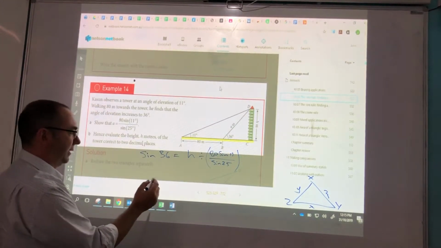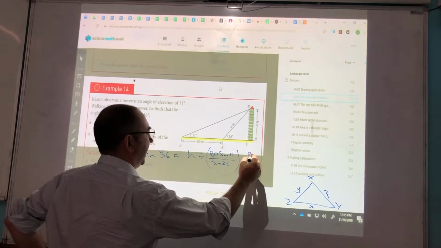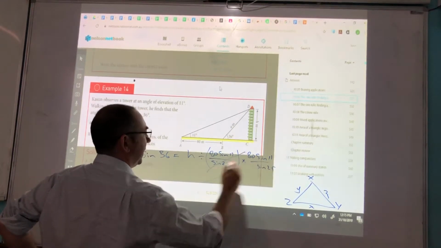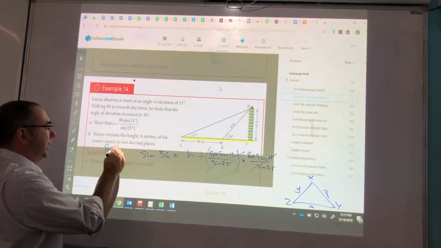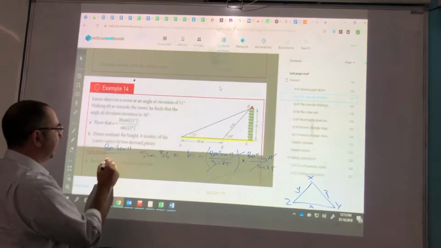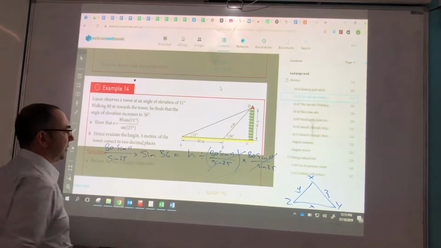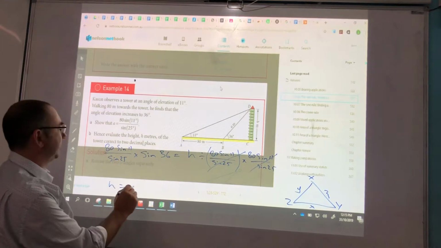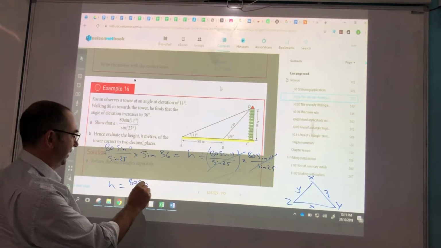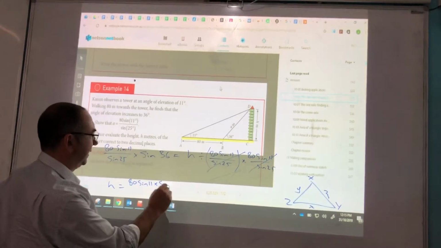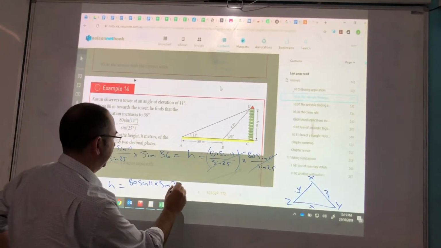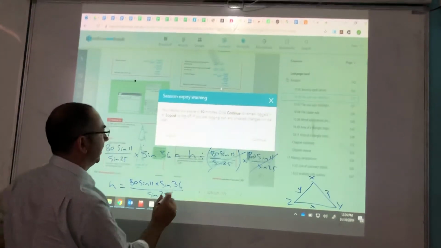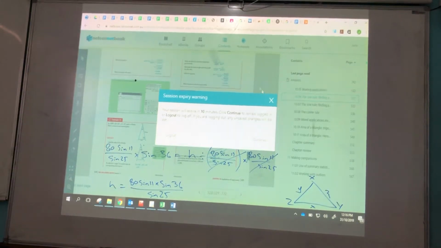If we multiply by 80 sine 11 over sine 25, they will cancel, and you get h is equal to 80 sine 11 times sine 36 all over sine 25.